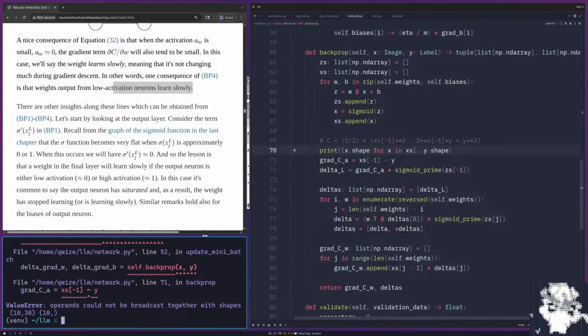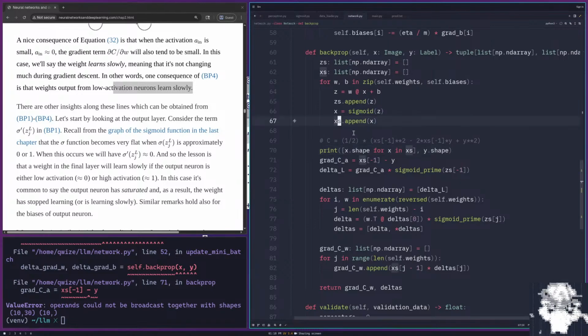I don't get it. That's not right. Well, because the last X is supposed to be the output of the forward propagation.